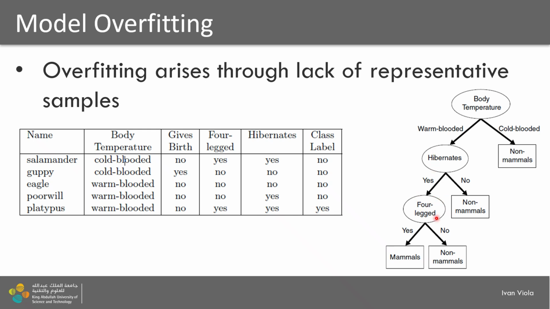But then if it's not hibernating, it's not a mammal, which would be already wrong. Four-legged will be also if it is, then it's a mammal, but only if it hibernates. And if it is not four-legged, then it will not be a mammal. So there are several problems with this decision tree arising from the fact that we do not have representative samples on which the decision tree can actually make a proper decision what rules hold for most, if not all, the mammals.